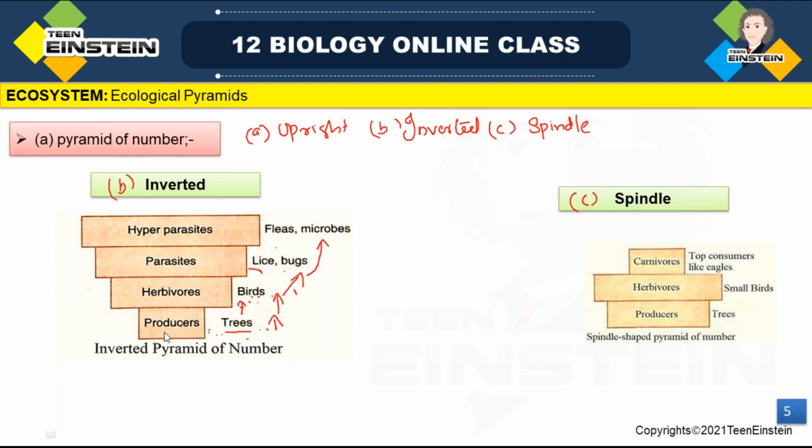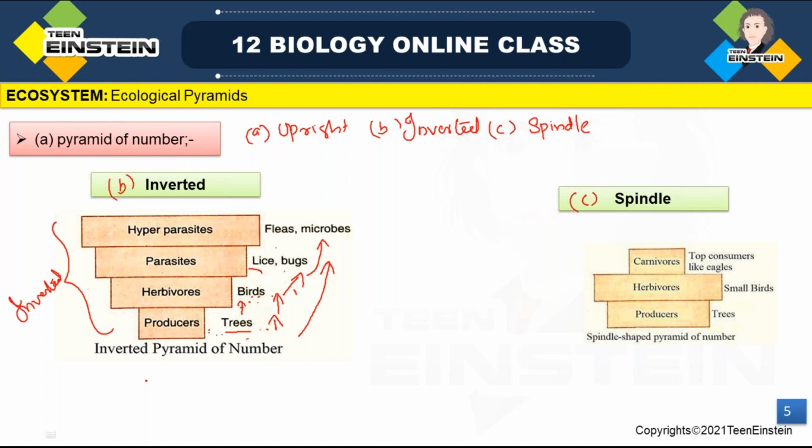Here you can see an inverted shape. In the upright pyramid it was exactly opposite, right? The number of producers is more in the upright one, but here it is less. So the number is increasing from bottom to top in the inverted one.